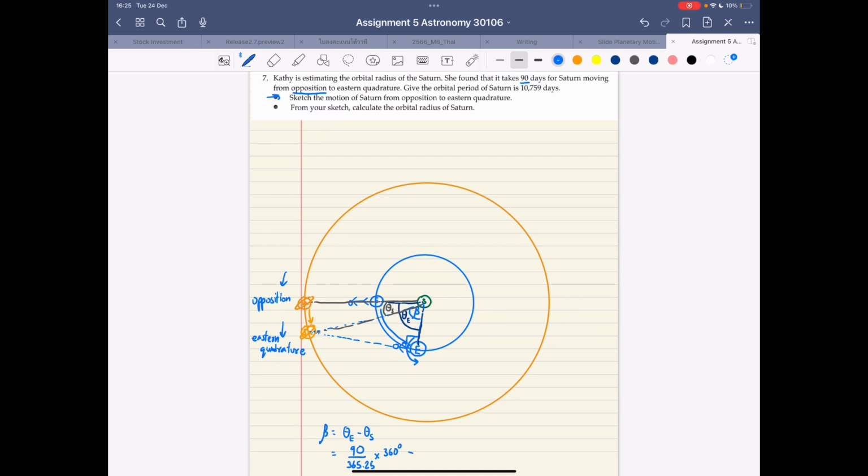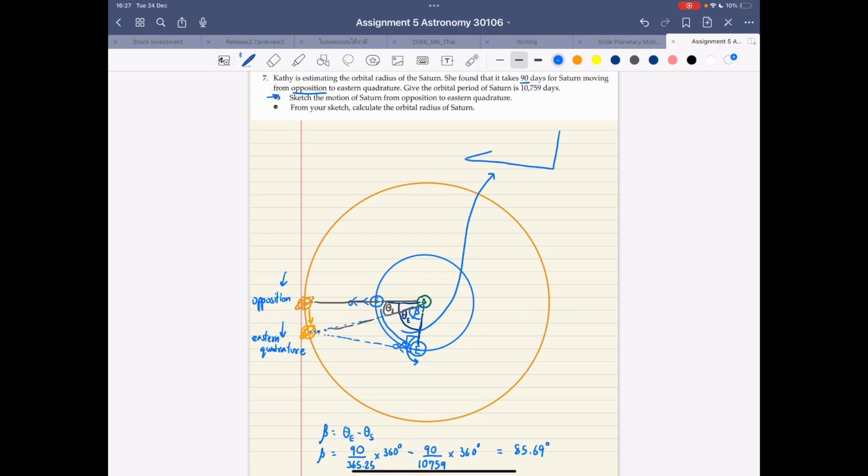And then we're going to minus 90 days again, over the orbital period of Saturn, 10759 days, times 360 degrees as well. And from the calculation we can obtain the angle beta, which is approximately equal to 85.69 degrees.